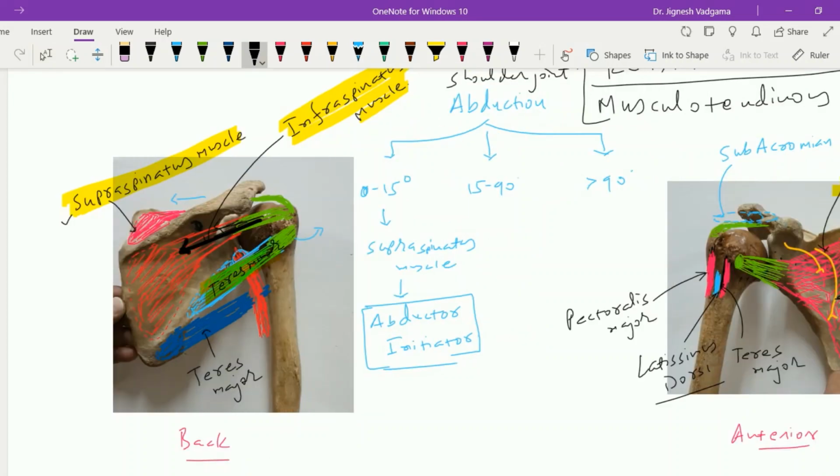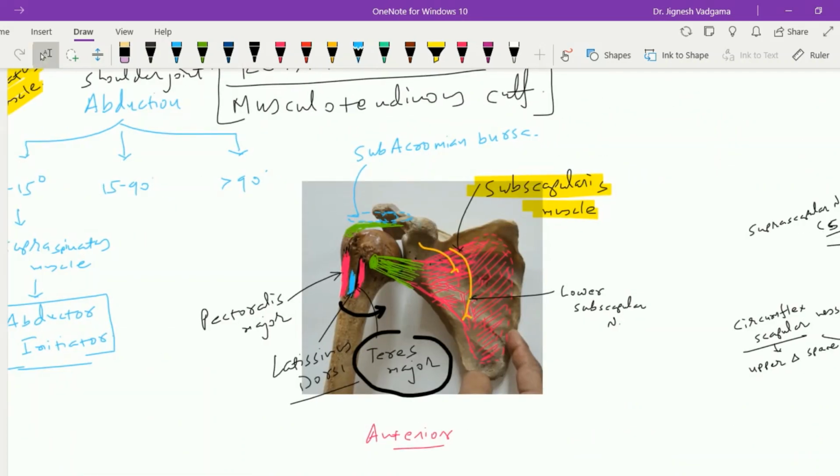While the infraspinatus muscle along with the teres minor muscle, when they contract, will lead to the lateral rotation of this shoulder joint, while the contraction of this teres major muscle, as it is attached on the anterior aspect of the humerus somewhere here, is responsible for the medial rotation of the shoulder joint.